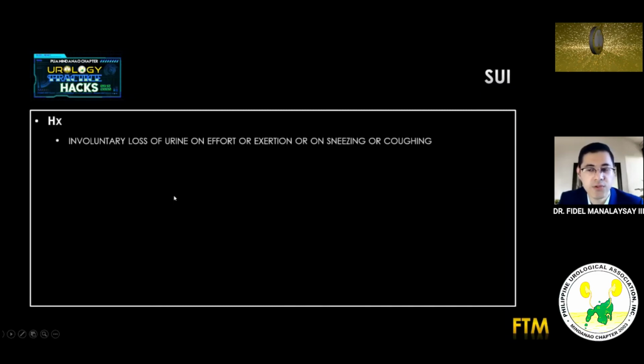So how do you diagnose stress urinary incontinence? The most important part will be history. Because SUI, or stress urinary incontinence, is a clinical diagnosis, the history of involuntary loss of urine on effort or exertion, or sneezing or coughing is most important. It is supplemented by the pad test and the Q-tip, which I'll be discussing later.